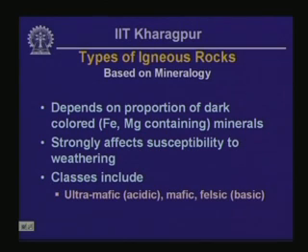Felsic rocks are basically of basic chemical composition, whereas ultramafic and mafic rocks are of acidic composition. They are also called acidic rocks.